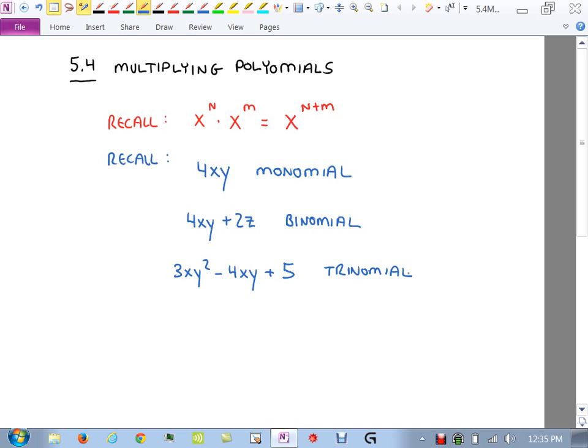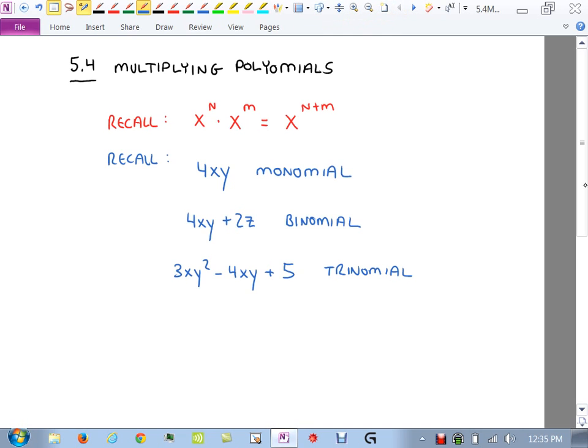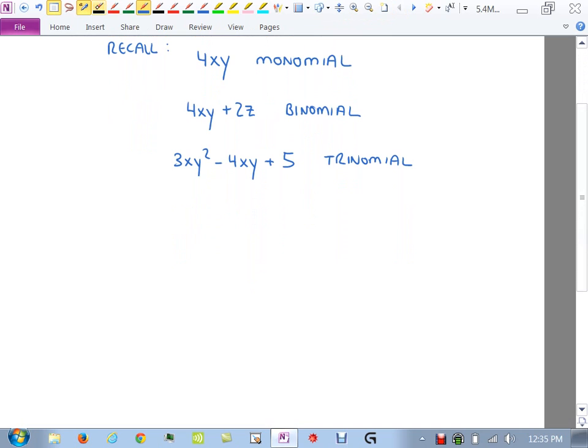What we're going to practice here is multiplying these types of things together. What would happen if I take a monomial and multiply it times another monomial? What's the result? Did I go too fast? Should I leave that up there? I'll just work below this. First example. Let's say I have a monomial, and I'm going to multiply it times another monomial.